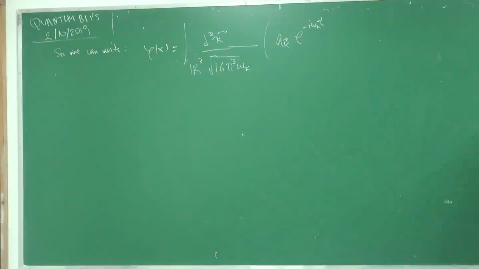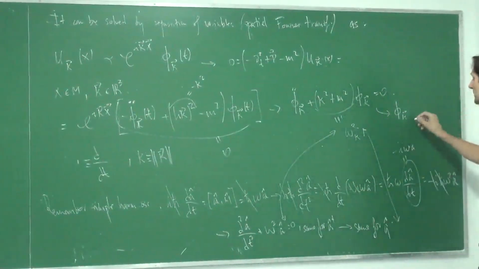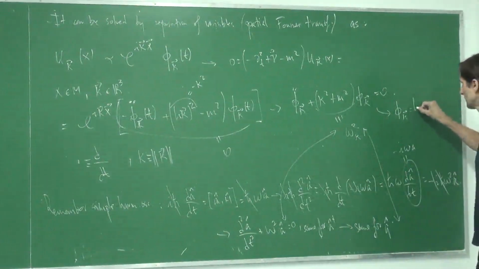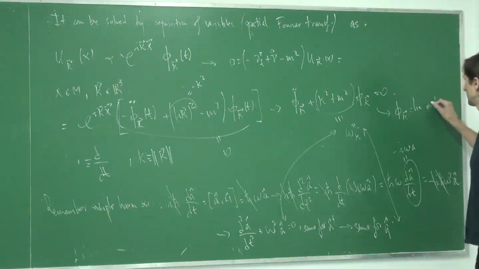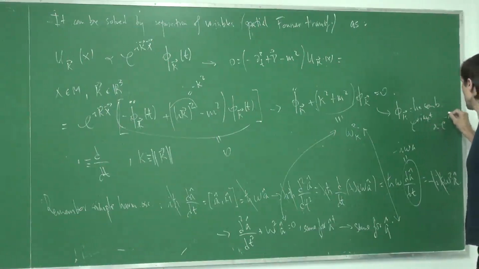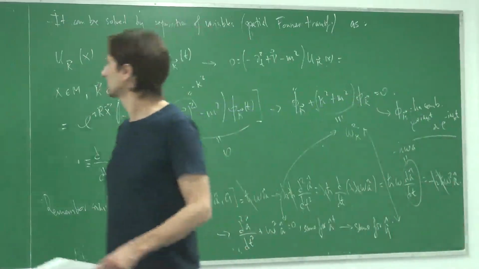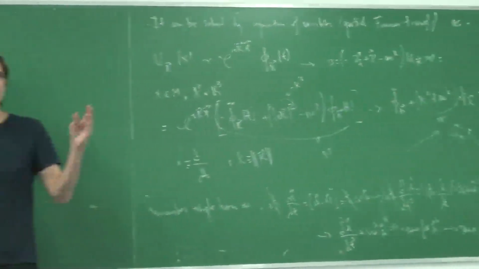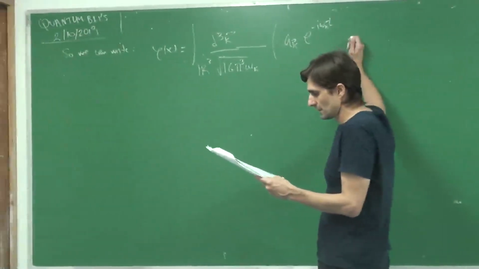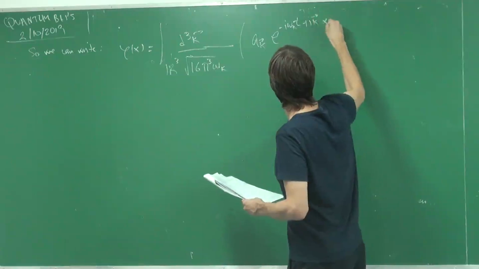Well, the solution of this obviously is phi k. You can write it as a linear combination of exponential of plus i omega k t and exponential of minus i omega k t. Of course, you can choose sines and cosines and so on.